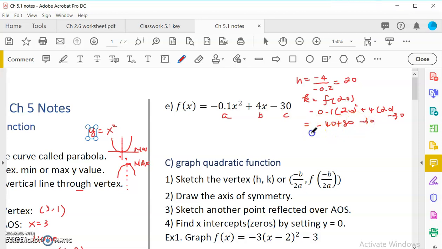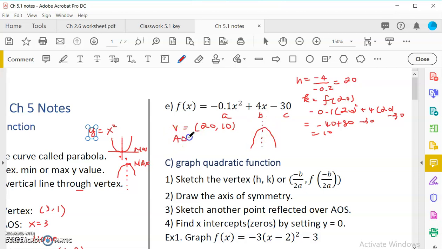So that's 40 minus 30, that's 10. So we calculated h is equal to 20 and k is 10. And I have a negative a, so it would be facing down. A facing down parabola that passes through (20, 10).